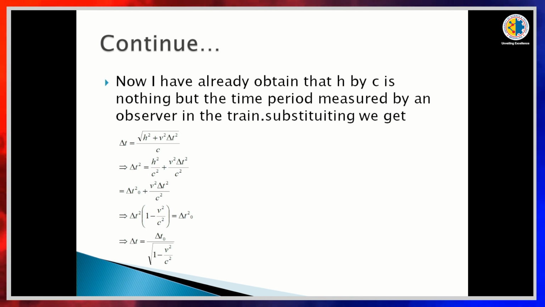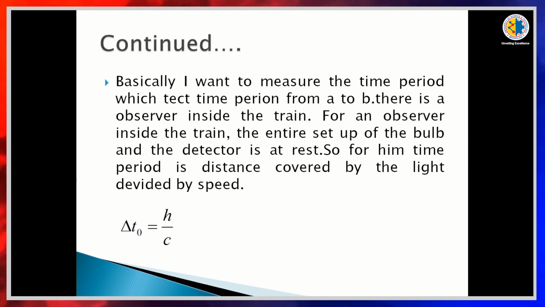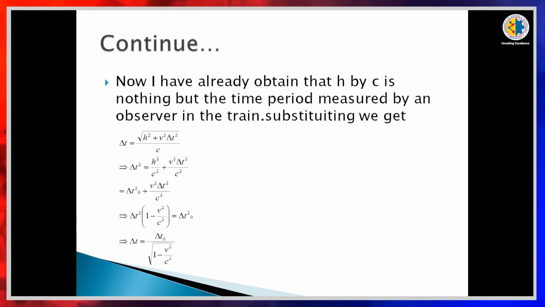Now, I have already obtained that h by c is nothing but the time period measured by an observer in the train. So, substituting h by c, we get delta t naught. In our previous slide you can see delta t naught is equal to h by c. Putting this value and squaring both sides, we get delta t square is equal to h square by c square plus v square delta t square by c square.